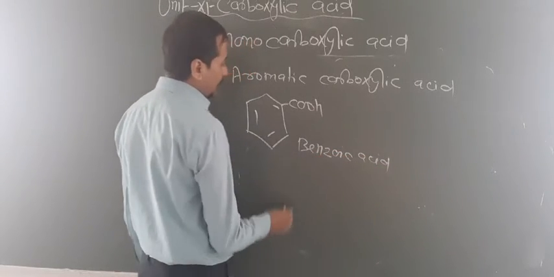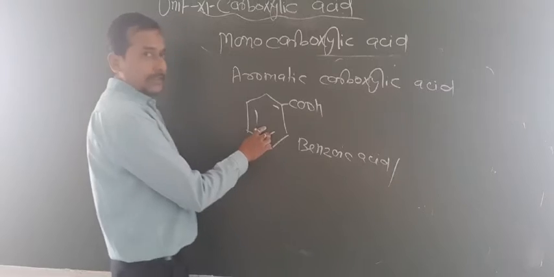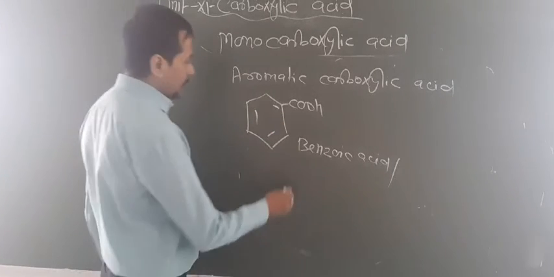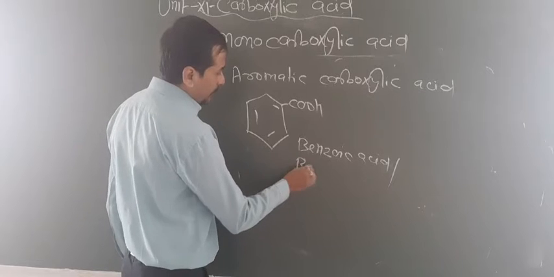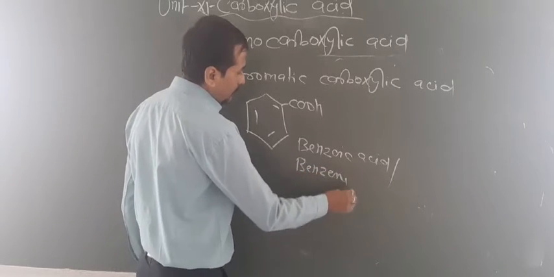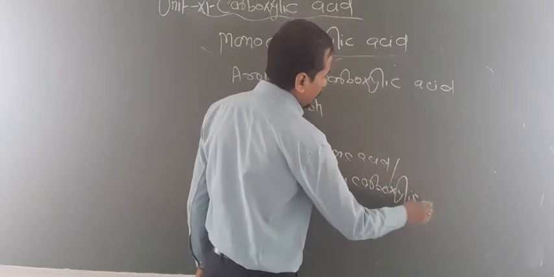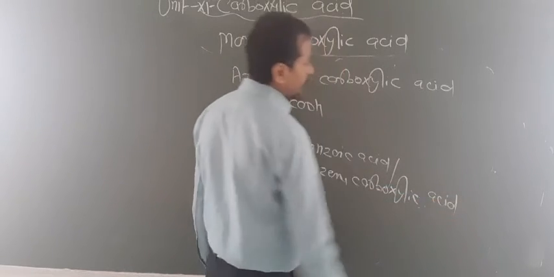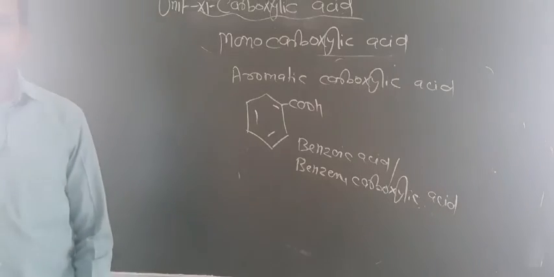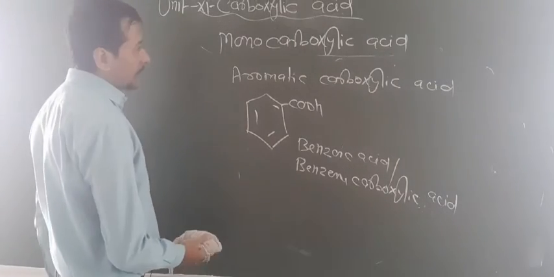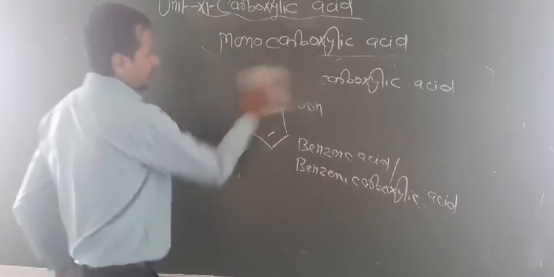Also this is known as benzene, and for COOH you have to put carboxylic acid. So this is known as benzenecarboxylic acid. Are you getting this point? So aromatic names are also given like this in case of aromatic carboxylic acid.